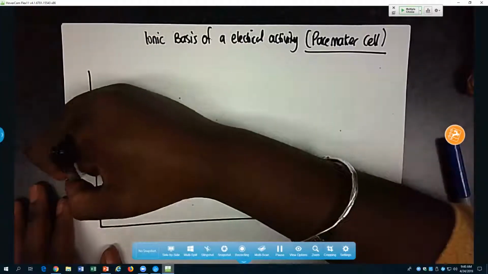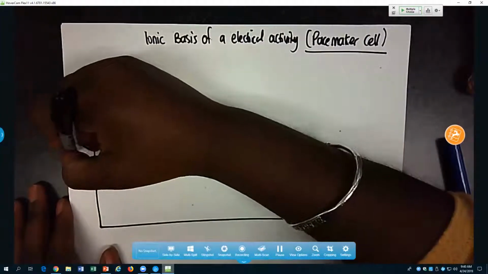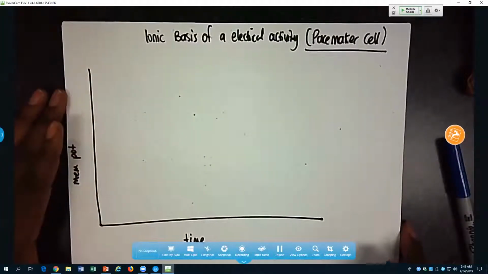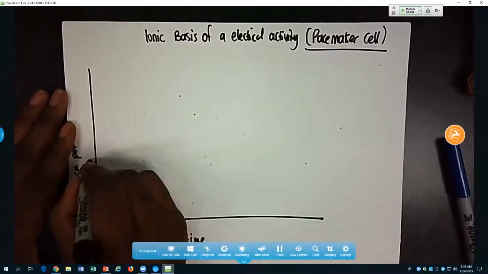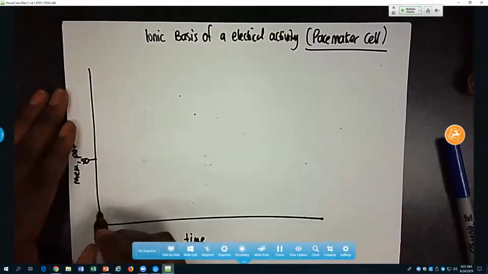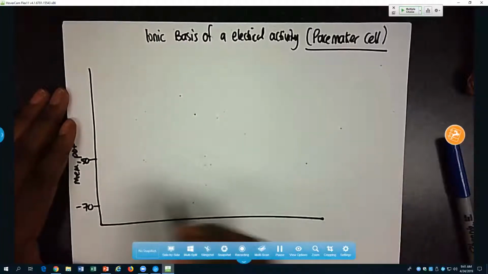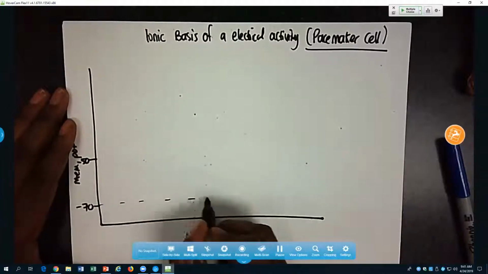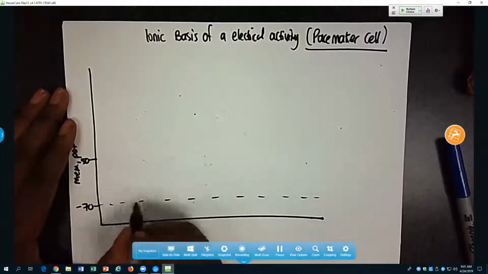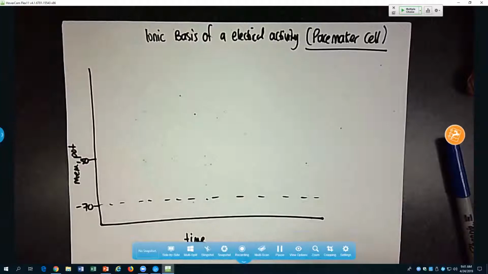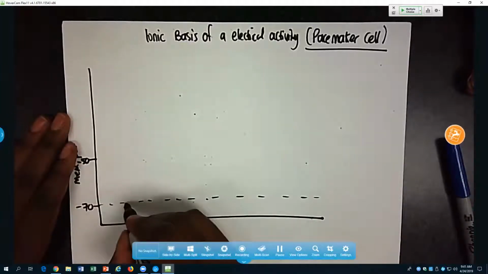So we have our membrane potential here. And we've got time. Now we know that threshold is about -50 here. And then resting is going to be about -70. So this is resting, the resting membrane potential. And then we have threshold at -50.